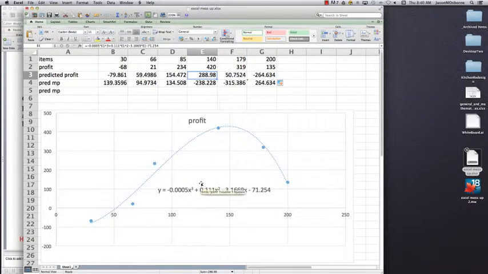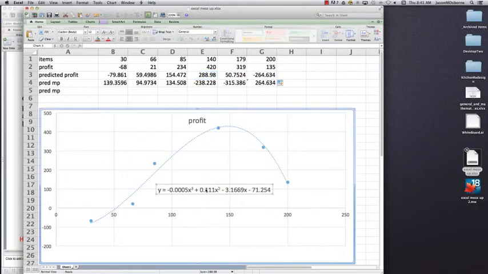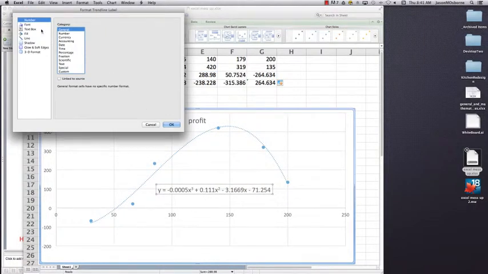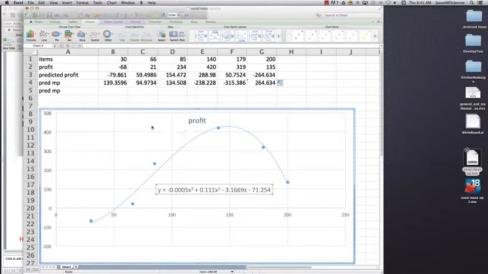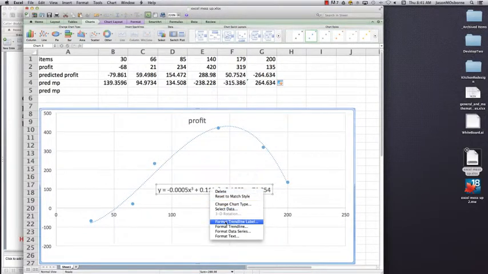The resolution to this problem is that the function we are being shown here is not the actual function being used by Excel to create this blue dotted trend line. What we need to do is format the trend line label.